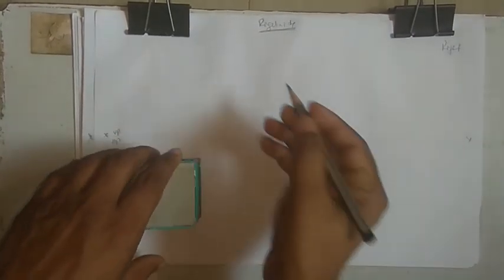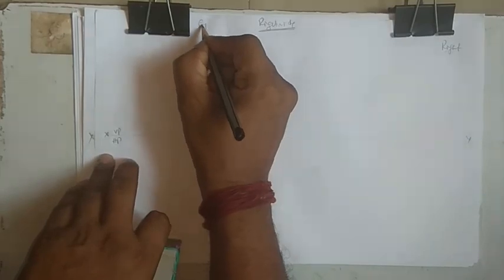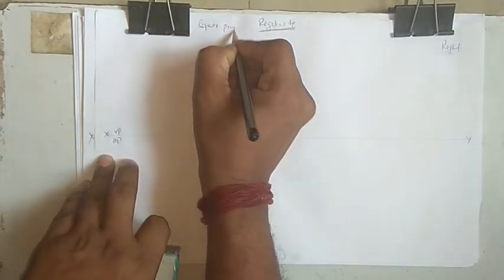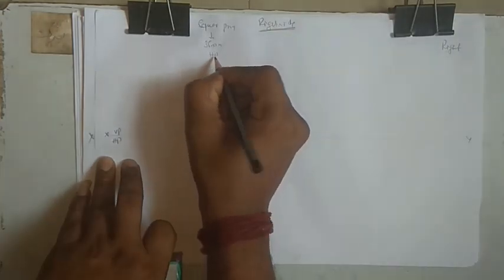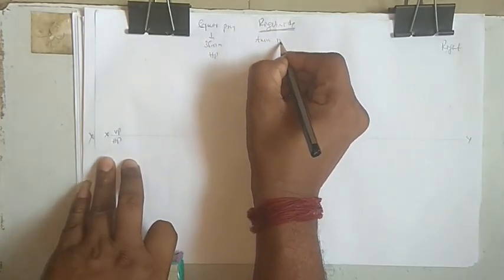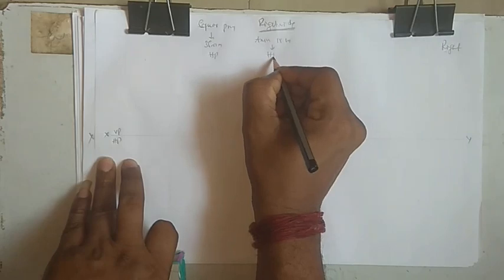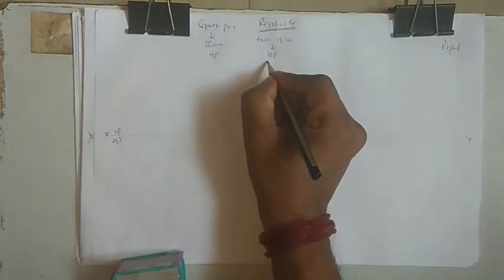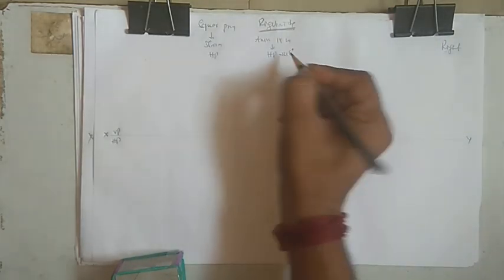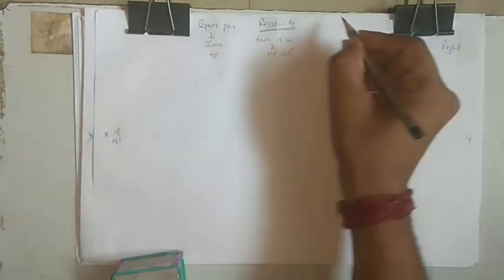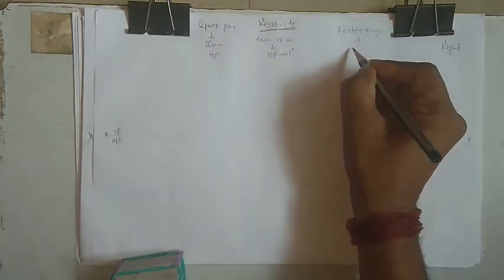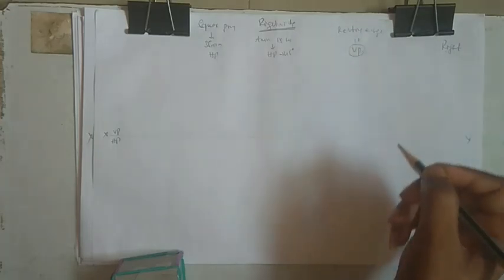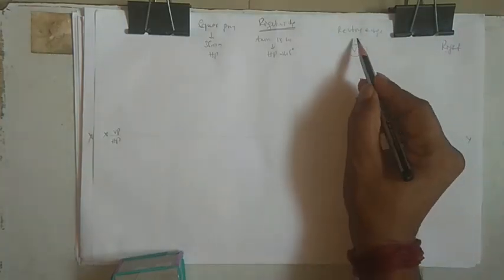First thing you need to know: it's a square prism, side is 35 mm, rests on HP. Next, the axis is inclined to the HP at 45 degree. Next, the resting edge is inclined to the VP. That is what is important, which means the resting edge is inclined.